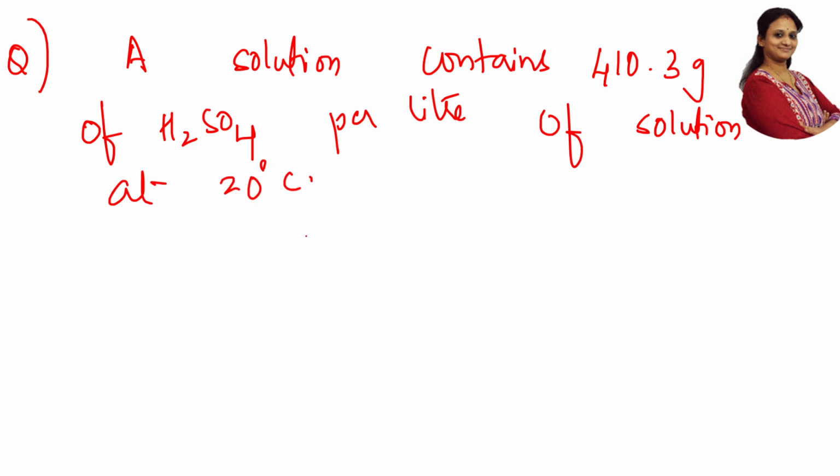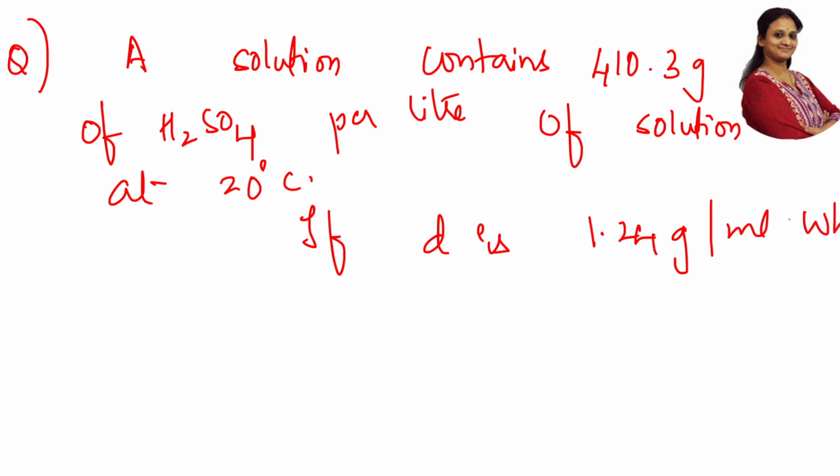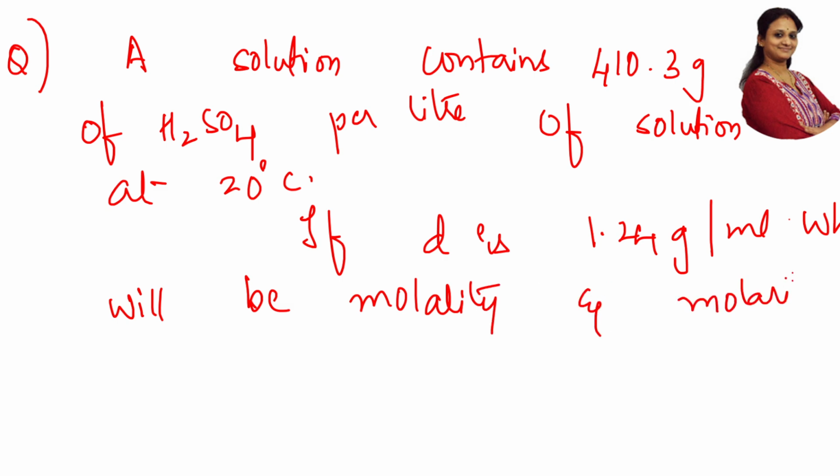Now here they've given one more concept: if the density is 1.24 gram per ml, what will be the molality and molarity? They're asking you both. Let us do it easily. There's nothing big.